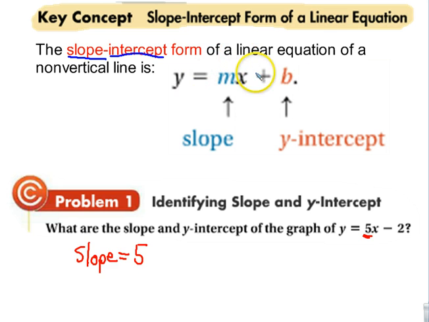Up here it says plus b, but this one is a minus, so that means our b is going to be -2. Okay, so we're just recognizing where they're at. If it's a plus sign, the y-intercept is positive. If it's a minus sign, the y-intercept is negative.